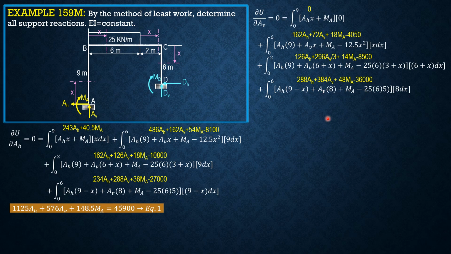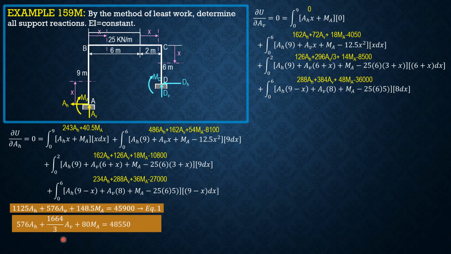So again, combining like terms, setting up the second equation here, we have 576 AH plus 1664 over 3 AV plus 80 MA minus 48,550. Call that equation 2. Then for the last, partial derivative of U with respect to MA, we copy the equation, then replace this second factor by dx only, because the derivative with respect to MA is just dx.